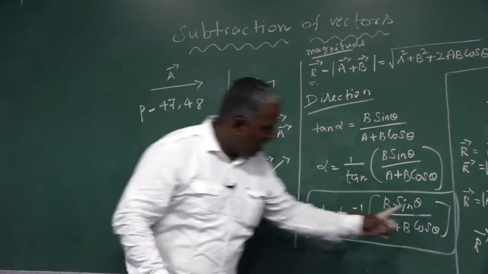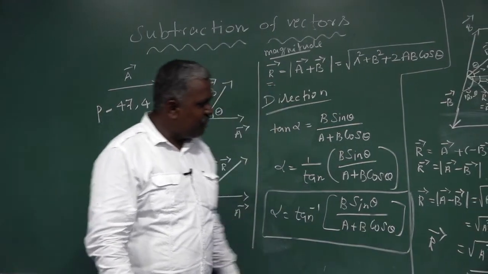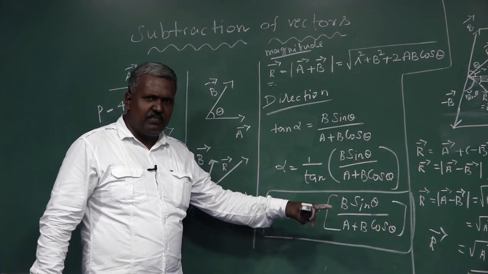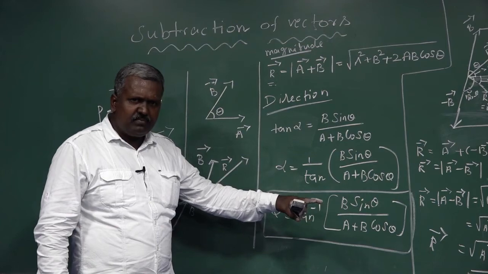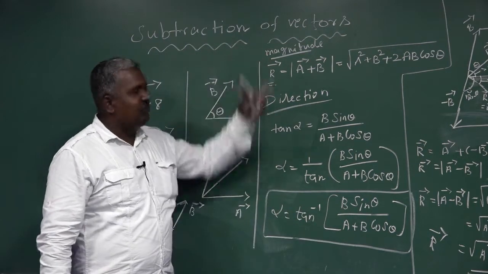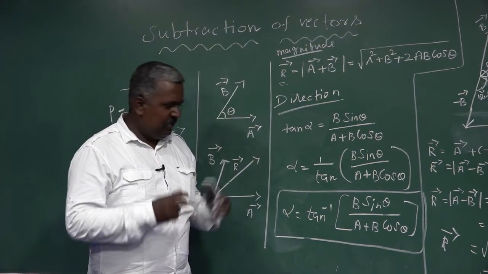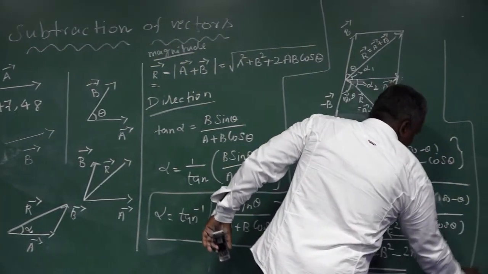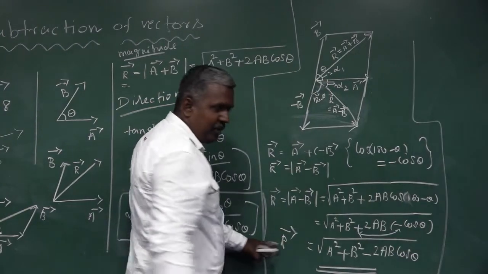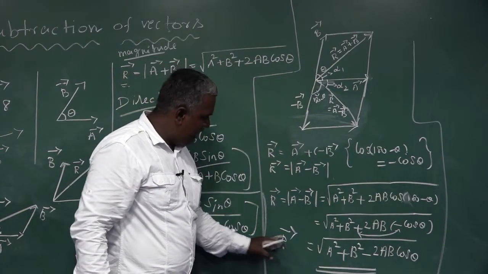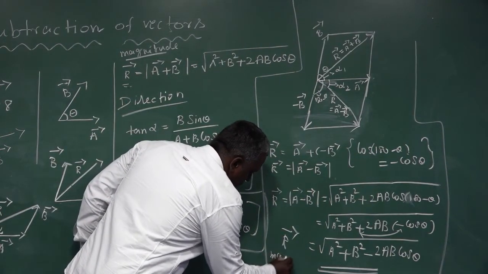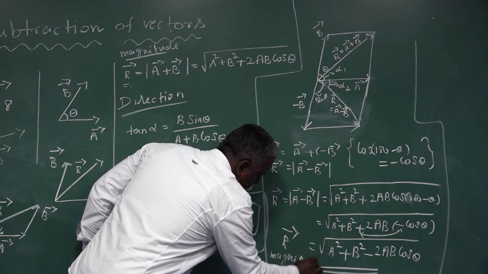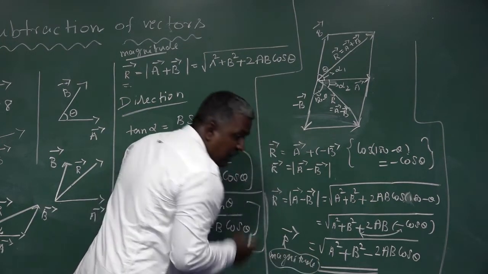Okay. So the R vector is equal to root of A square plus B square minus 2AB cos theta. This is the resultant vector in subtraction of two vectors. This is only the magnitude, not the direction. Only the magnitude of the resultant vector.